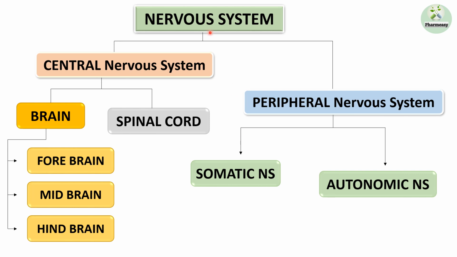This is the classification of nervous system. Nervous system is divided into two categories, that are central nervous system and peripheral nervous system. Central nervous system includes brain and spinal cord. And brain is further divided into three parts, that is forebrain, midbrain, and hindbrain.